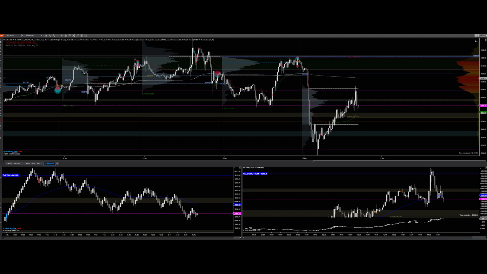So I look at the full day Globex separately and RTH separately, just to find confluence in levels, if there are any. My pleasure, man.